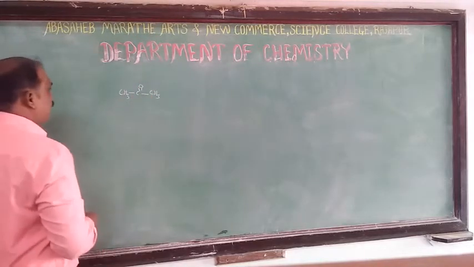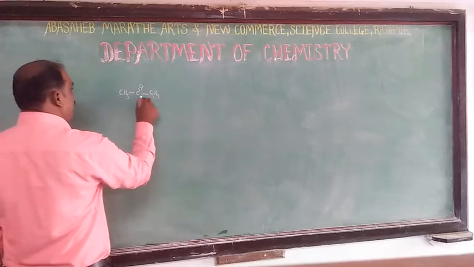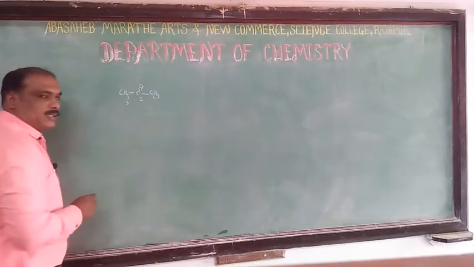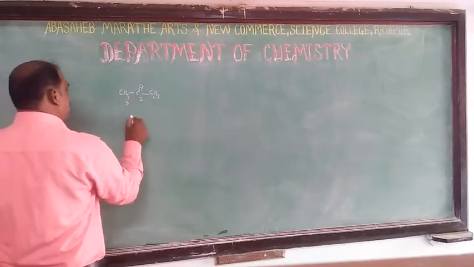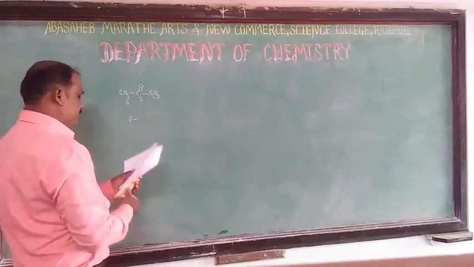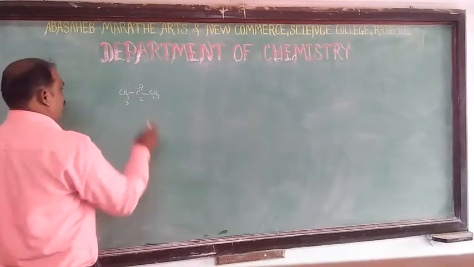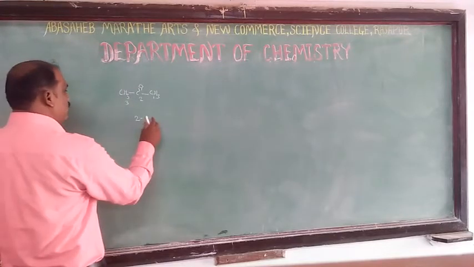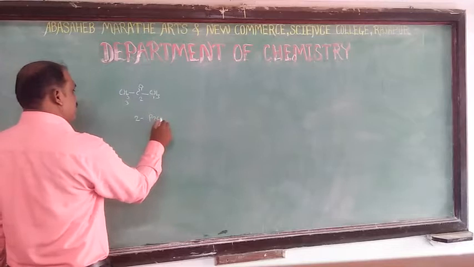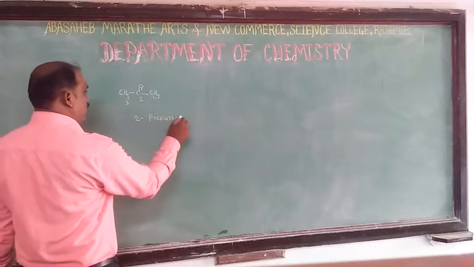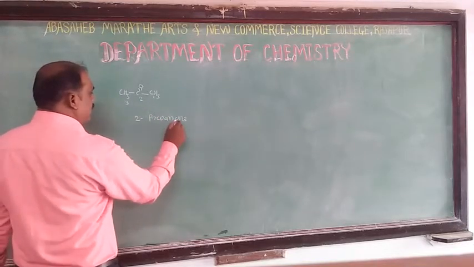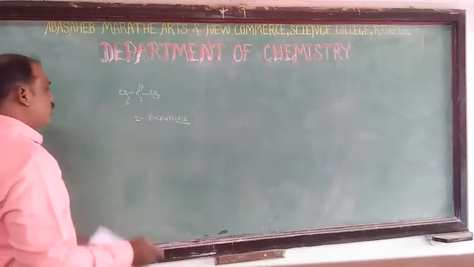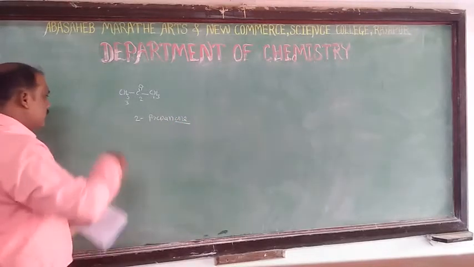those ketone molecules, the numbering is given as 1, 2 and 3. So the name is given as 2, how many carbons? 3 carbons, so 2-propanone, N-O-N-E. So E is replaced by O-N-E, 2-propanone.